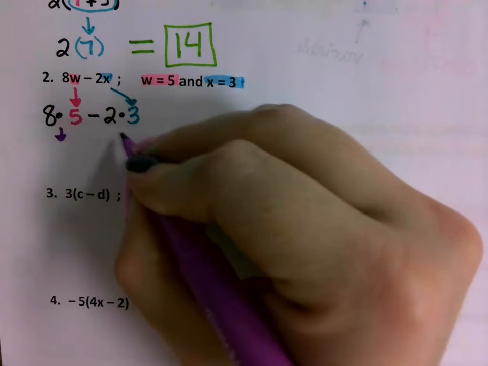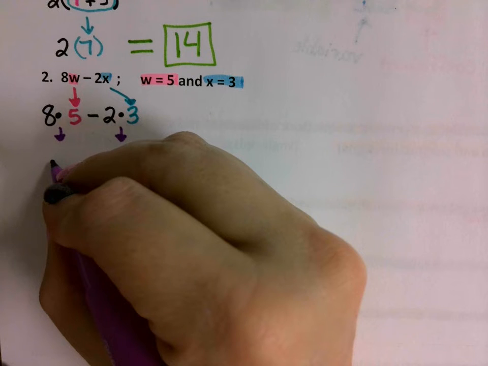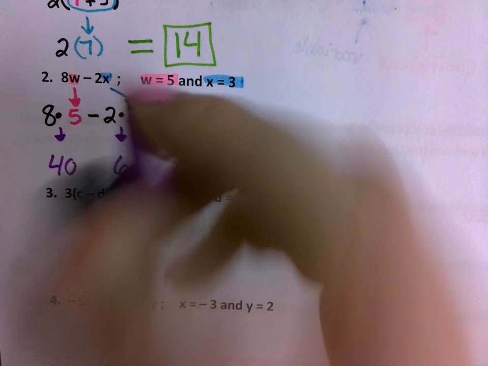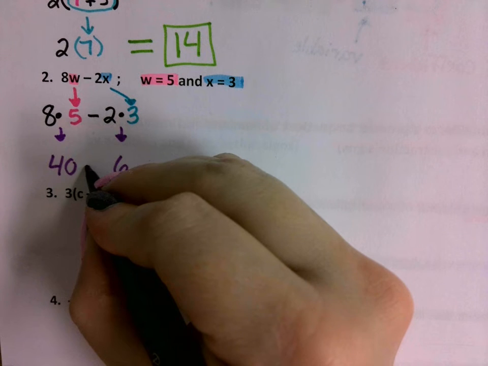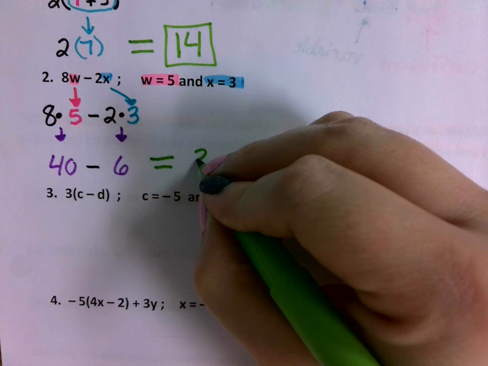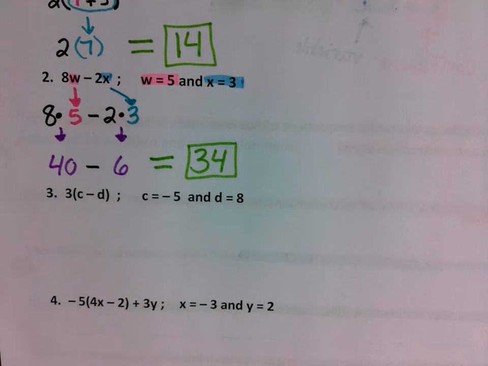What's 8 times 5? 40. What's 2 times 3? 6. Okay, and then I would subtract 40 minus the 6, which is going to give me 34. Okay, so we're just following those order of operations.